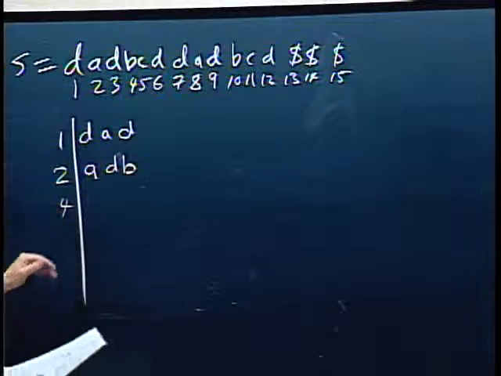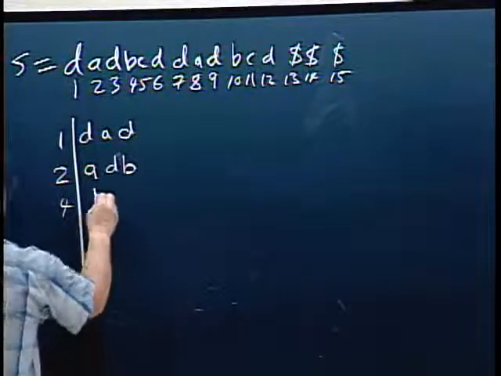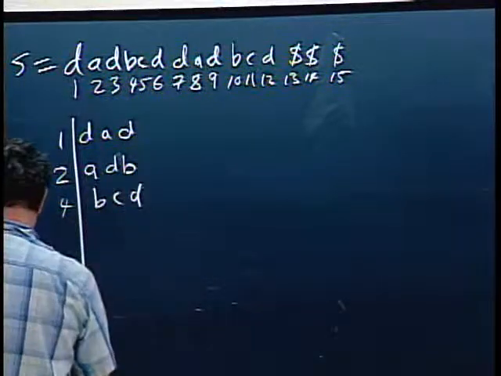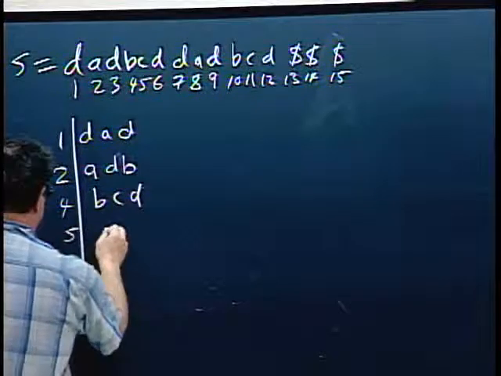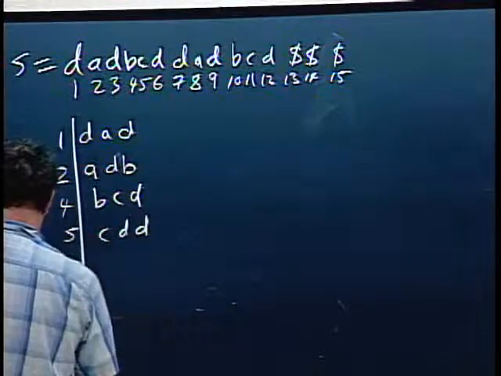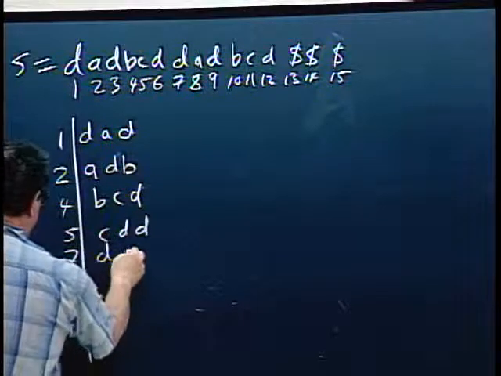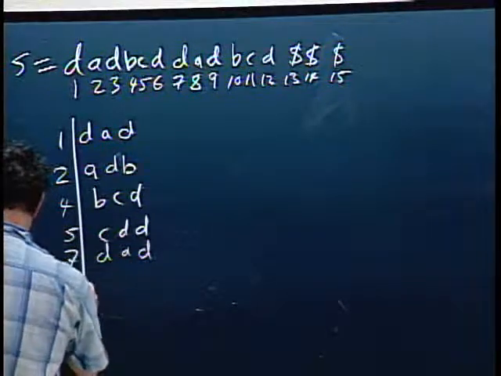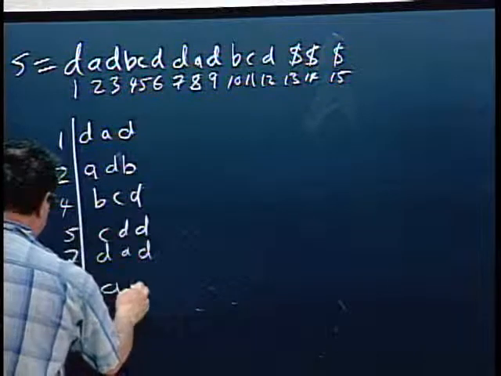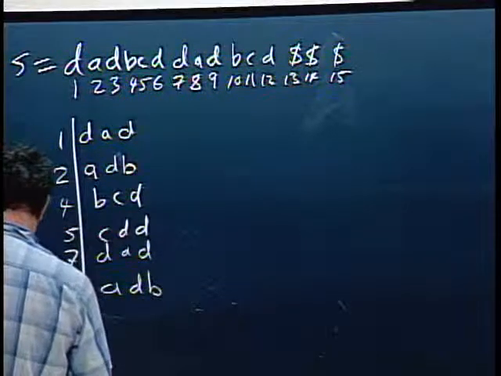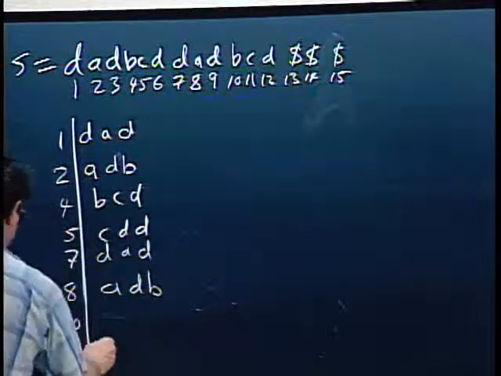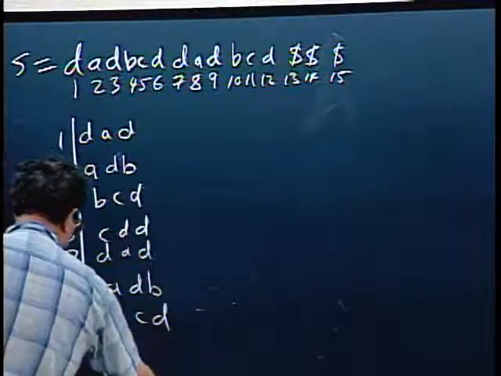So this is position 4, and that substring is BCD. 5 is CDD. It's a little tedious, but let me keep going. DAD. 8 is ADB. And stop me if I make a mistake here. Let me go to 10, BCD.